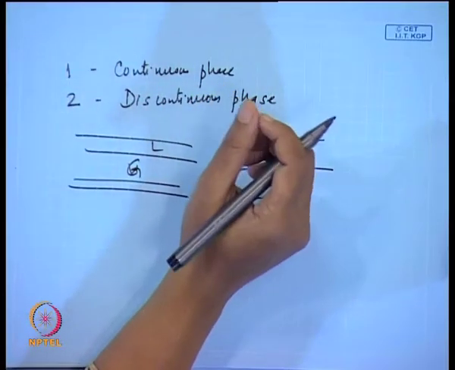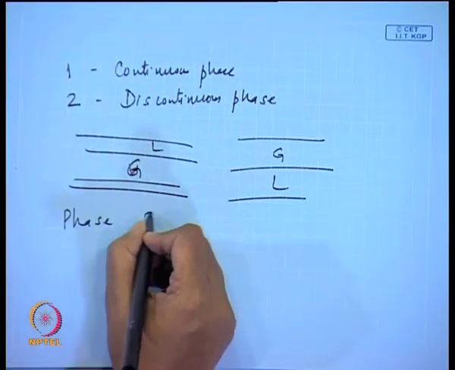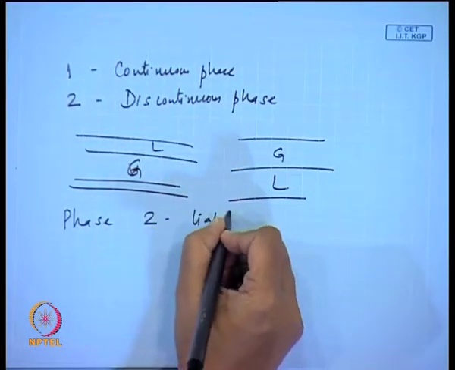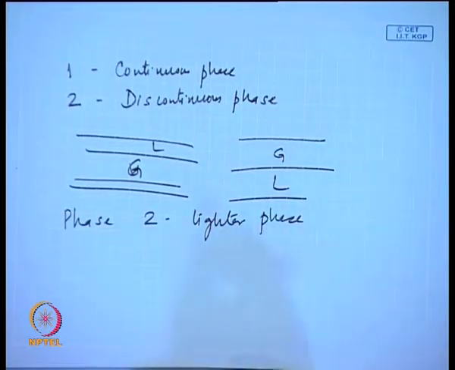Now, when this is the situation, then usually we take phase 2 as the lighter phase. So, this is usually the convention: for two phase flow, phase 2 is going to be the discontinuous phase. When both phases are continuous, then phase 2 is going to be the lighter phase.